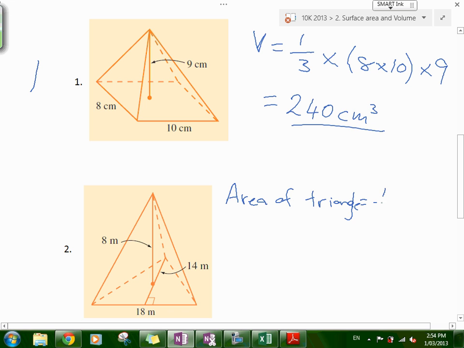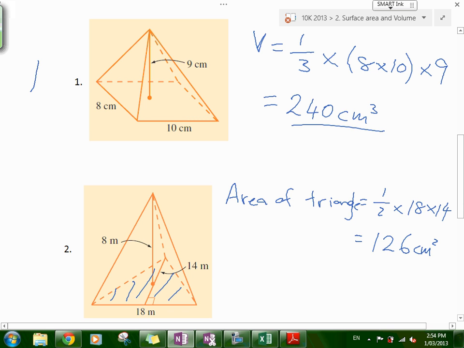Okay, half times 18 times 14. What is that, Adrian? 126 square centimeters.